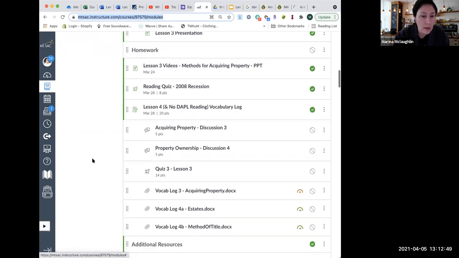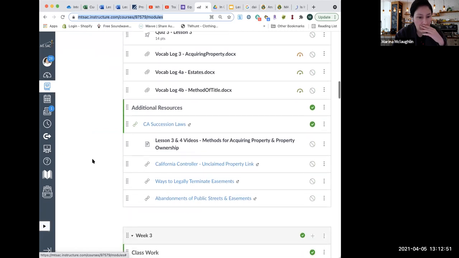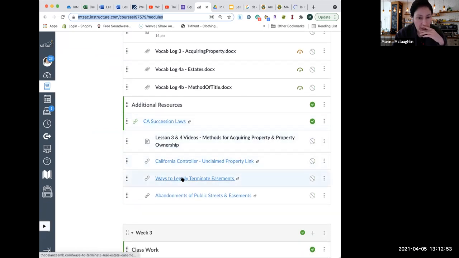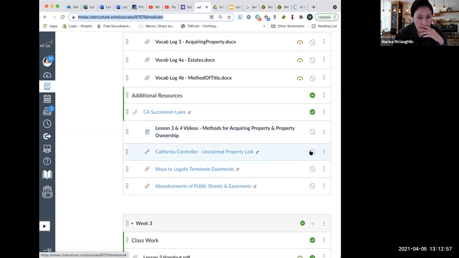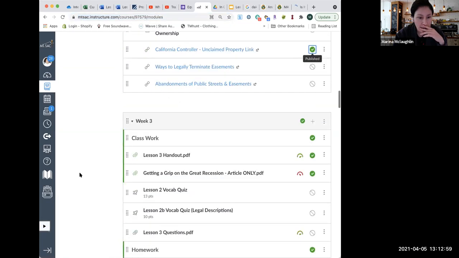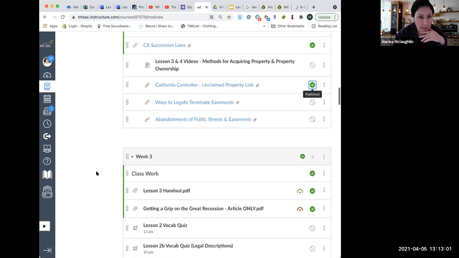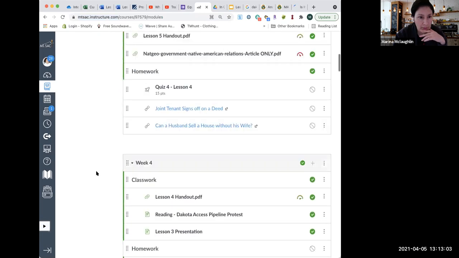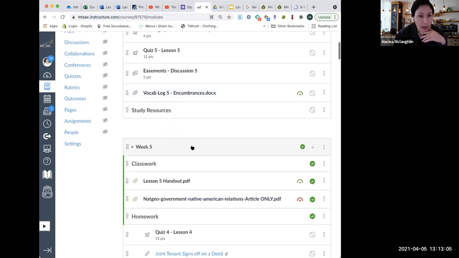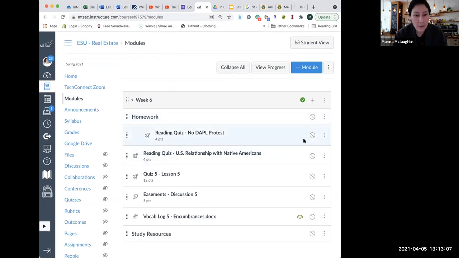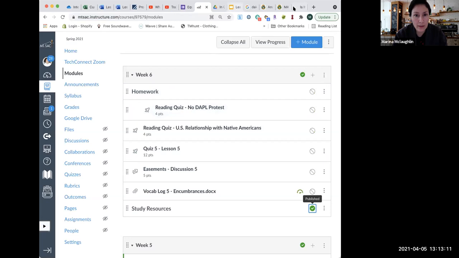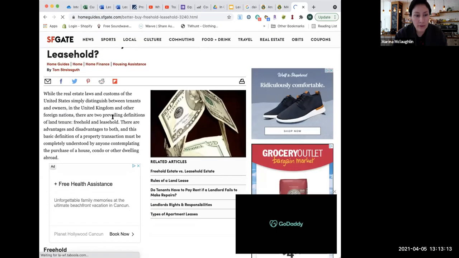I do have some resources in here, but I don't have that one. So I'll add that link into week 6 because some of you may be interested in reading about leasehold and freehold.